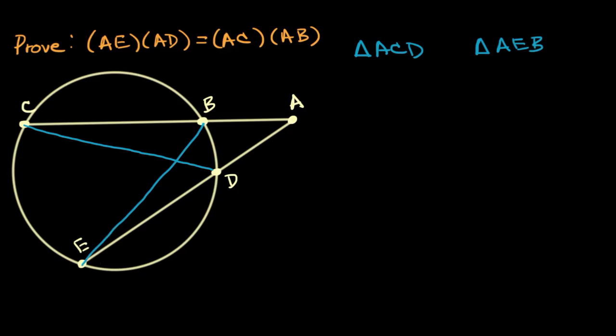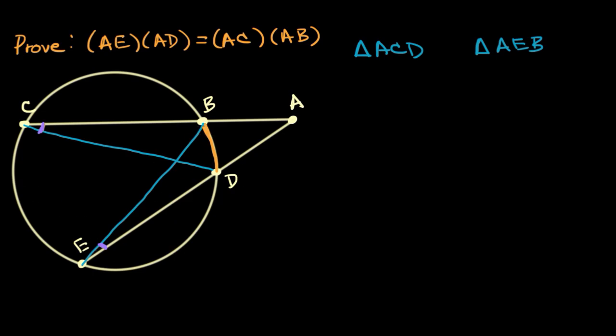Well, we can see that this angle is going to be half the measure of this yellow arc right over here. Because if we have an inscribed angle, it is half the measure of the arc that it intersects. And this one also intersects the same arc, and it's also an inscribed angle. So we know that measure of angle ACD and measure of angle AEB are the same.